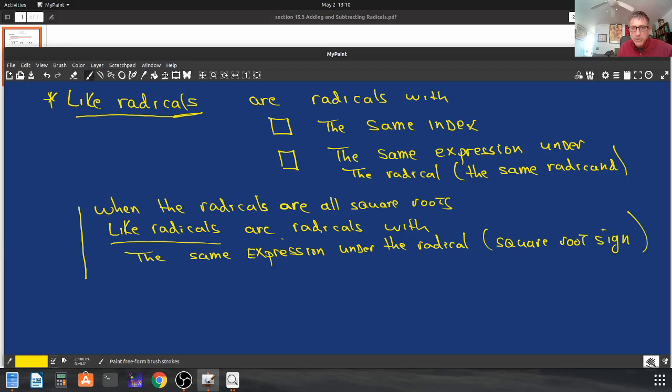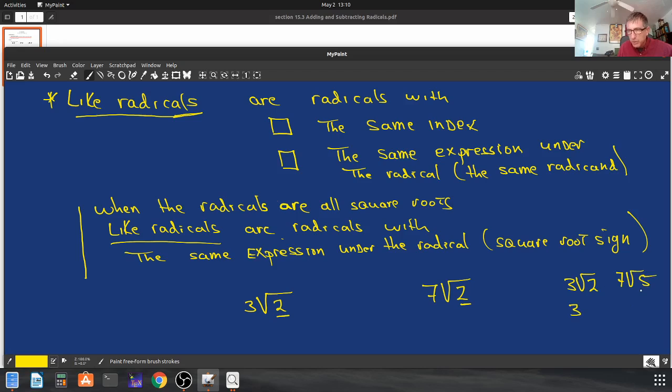Like radicals are radicals with the same expression under the radical. For example, 3 times the square root of 2 and 7 times the square root of 2 are like radicals because the same number, 2, is under the radical. 3 times the square root of 2 and 7 times the square root of 5 are not.